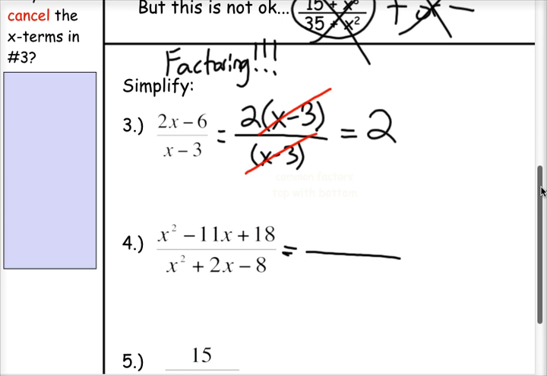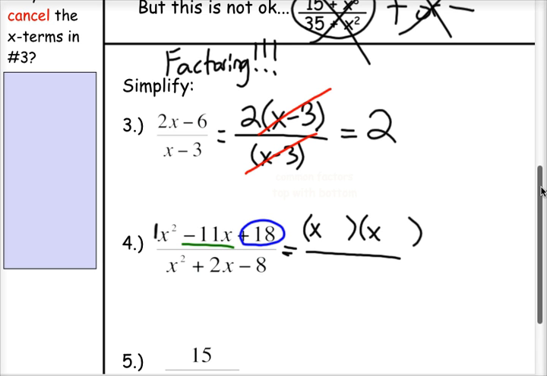So on the top, notice, it's a quadratic trinomial. So to factor that, I know that I'm looking at 2 parentheses. Notice here, the a term is 1, so x squared comes from x and x. Now, I'm looking for 2 things that multiply to 18 and add to negative 11.